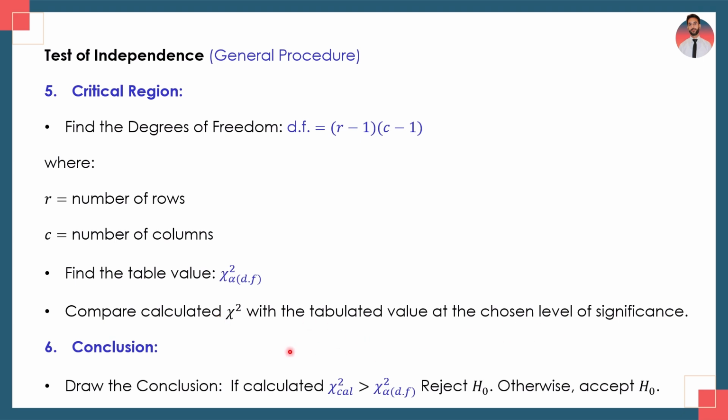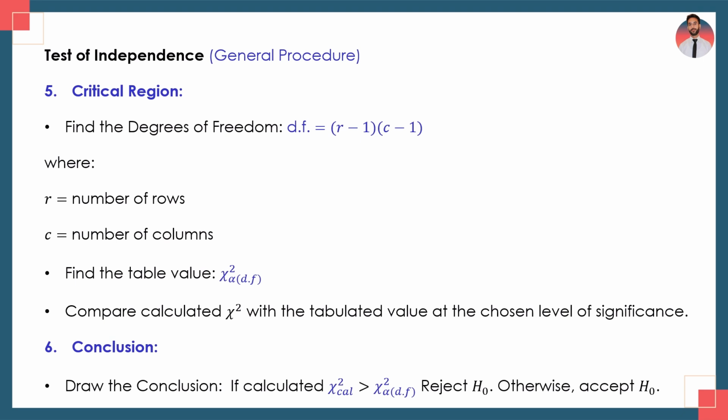And the sixth step, students, we draw the conclusion. If the calculated value of chi-square is greater than the tabulated value of chi-square, we reject H0, otherwise accept H0. If this condition is fulfilled, it means that you have to reject your hypothesis, and H0 is that your attributes are independent.